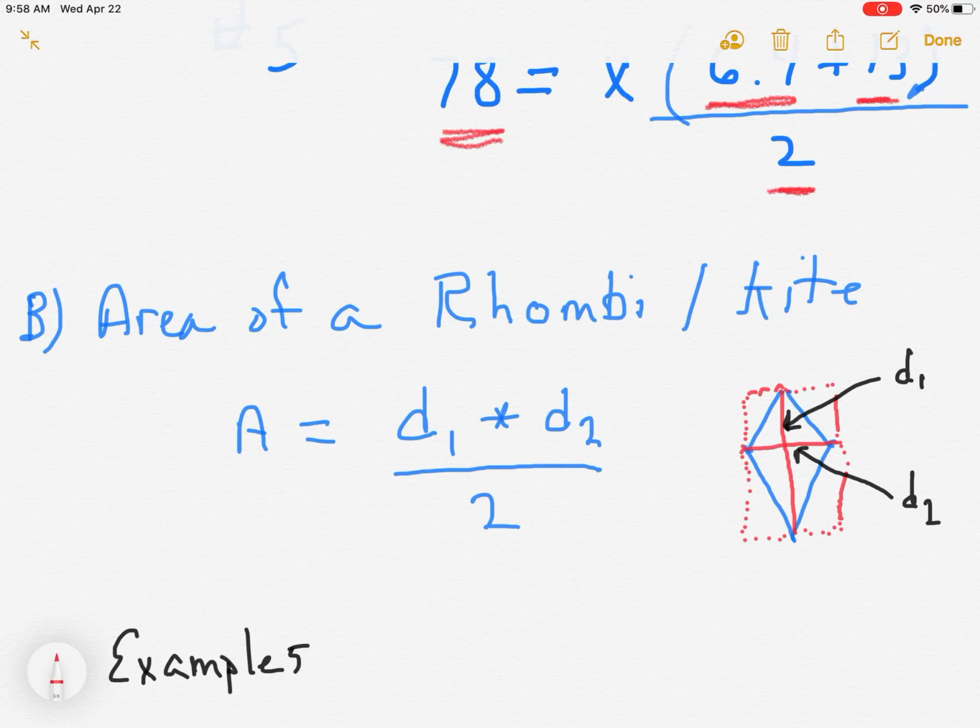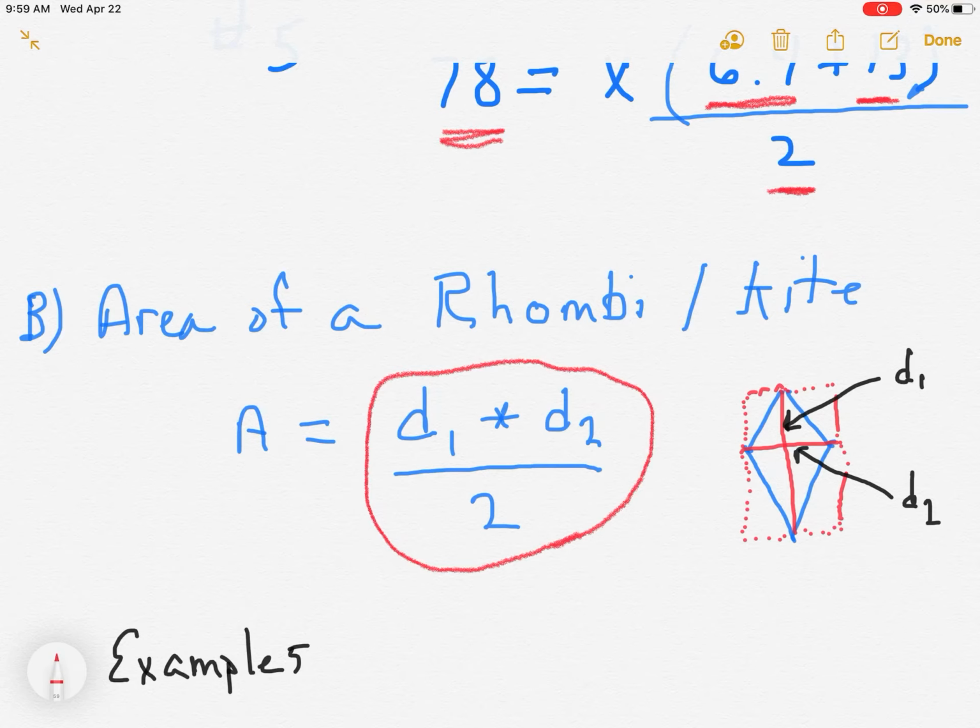The last formula for today is how to find the area of a rhombus or rhombi and a kite. This formula says I'm simply going to take the product of the diagonals and divide by 2. So I've pictured here a blue kite, and I've also used dotted lines to show you that actually a kite is going to be 1/2 of a rectangle.